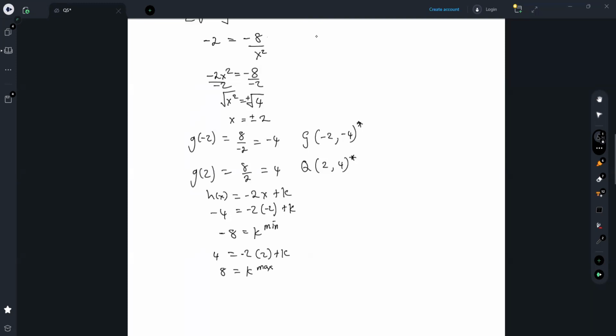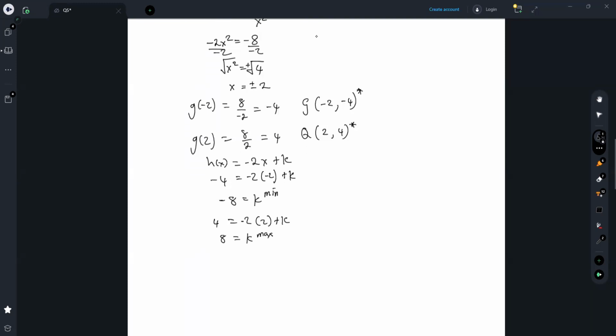So now the value of k such that it should not intersect the function g should exist between k min and k max. Therefore, k should be a value between positive 8 and negative 8.